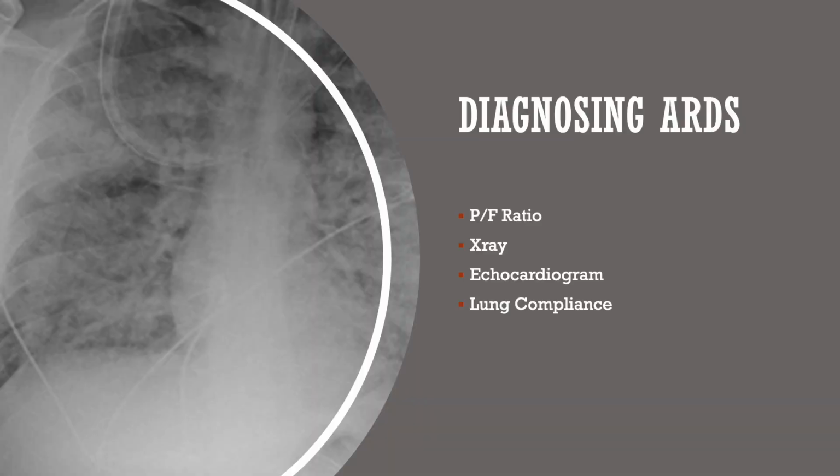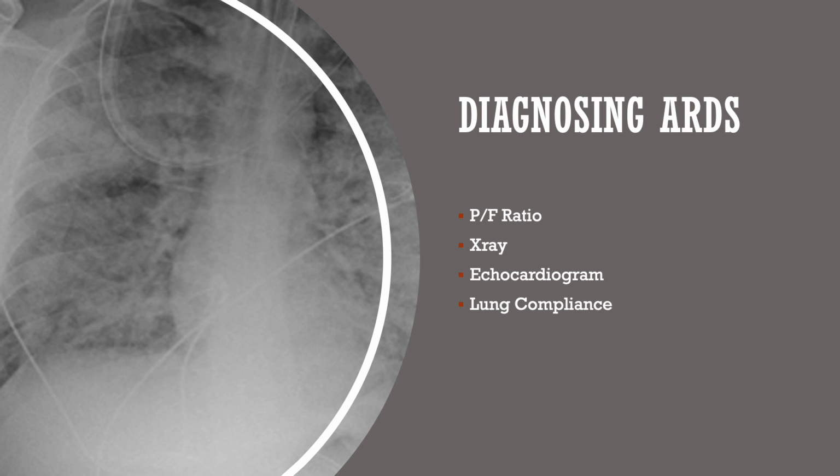Diagnosing ARDS can be complicated in itself. The first thing I like to look at is a PF ratio. You should be using this for most of your patients, but it's about understanding how well they're oxygenating. When I have students and I give them an oxygen saturation, I say 95%, and they just look at me like, oh, that's good.